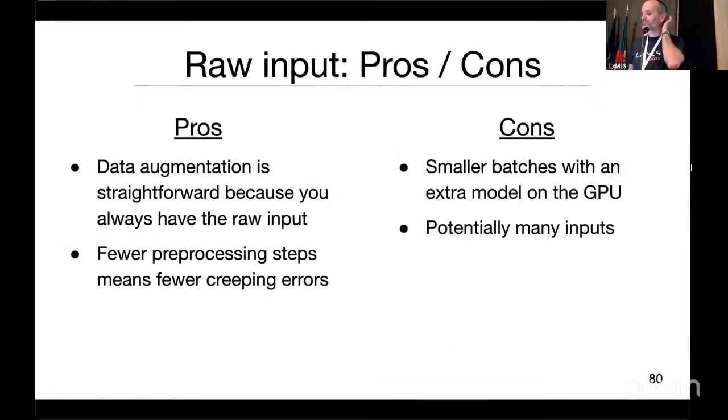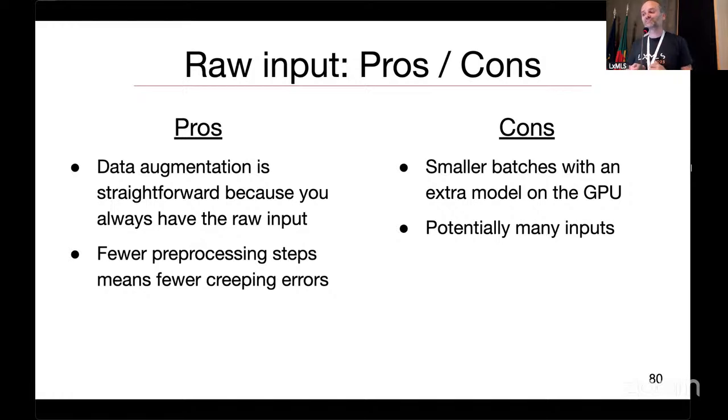And so the main pros and cons we have here is that data augmentation is pretty straightforward when you have raw input because you can do rotations of the image data, you can manipulate the color channels, you can take random crops. And so you haven't done this kind of deterministic pre-processing and saving stage, so there's going to be fewer creeping errors in the process.